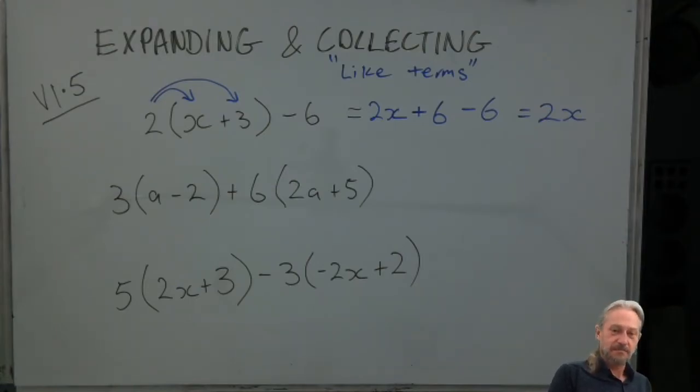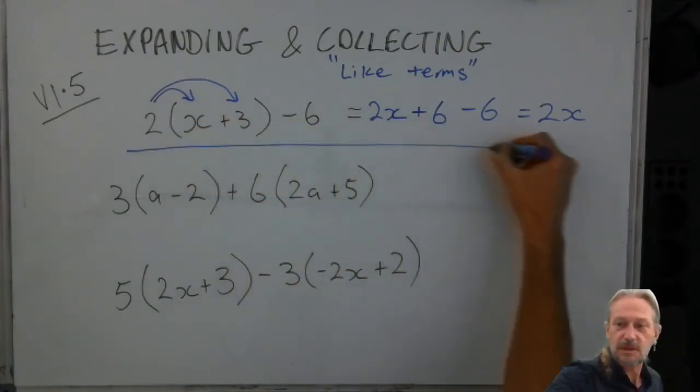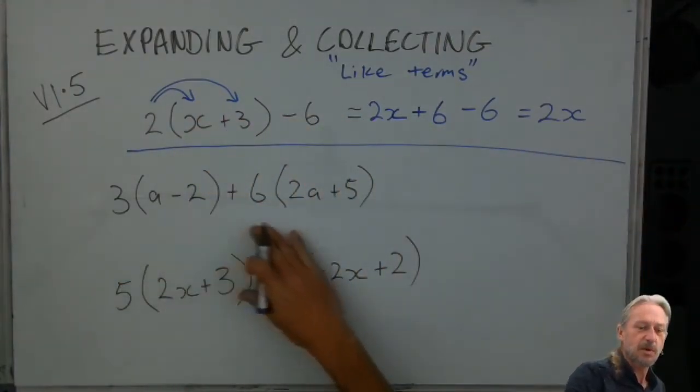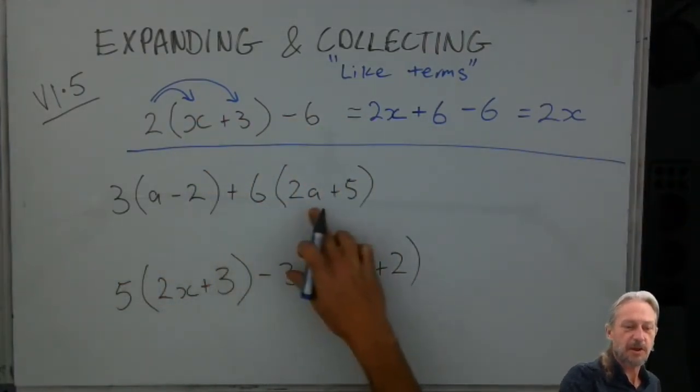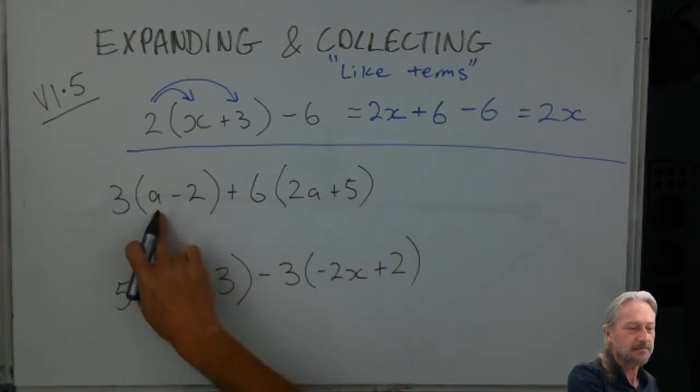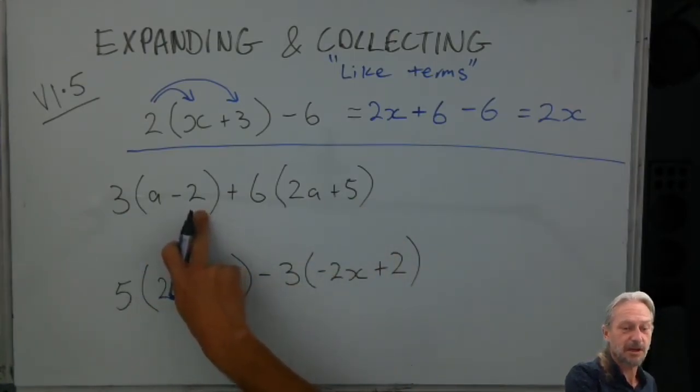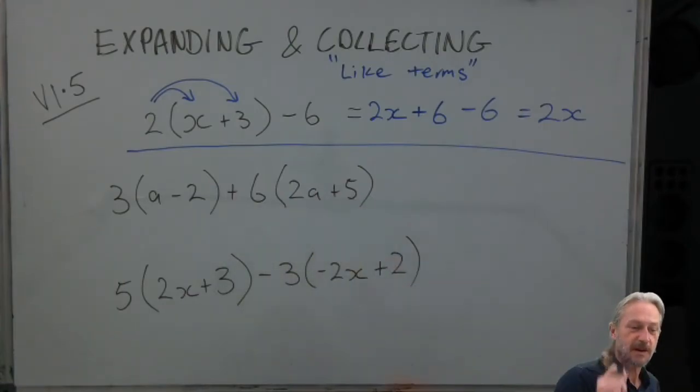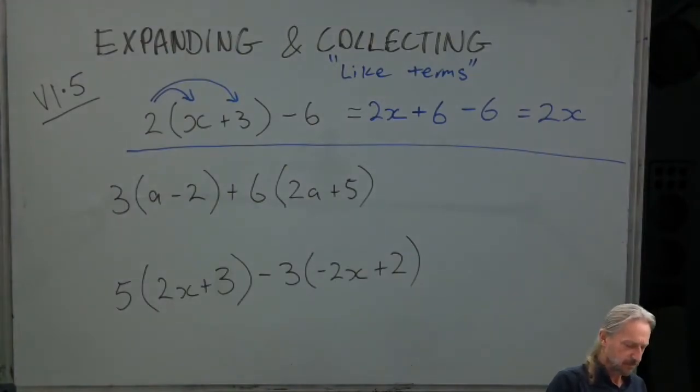Okay, so this one, let's just put a line there. So this one, we've got 2 lots of brackets to multiply out. We've got a, take away 2 in here, 2a plus 5 over here. So I'm not going to put the arrows.